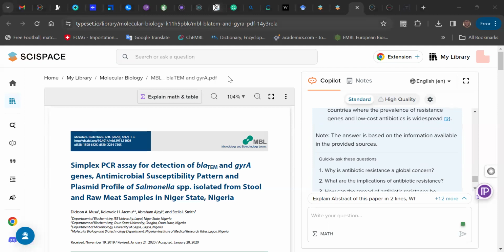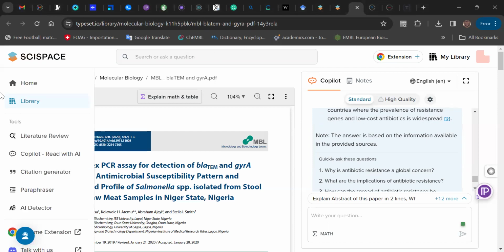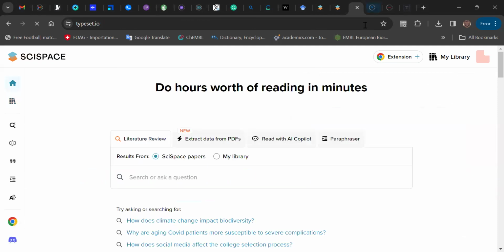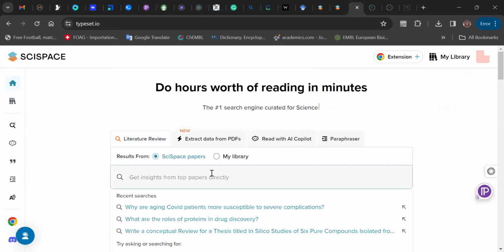So this is the beauty of Scispace. What you can do with Consensus, you can do some of them here too. But this additional thing is what Scispace brings that you can add to what you do in Consensus.